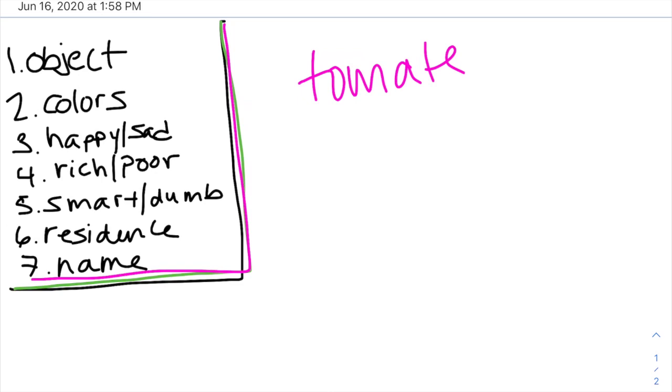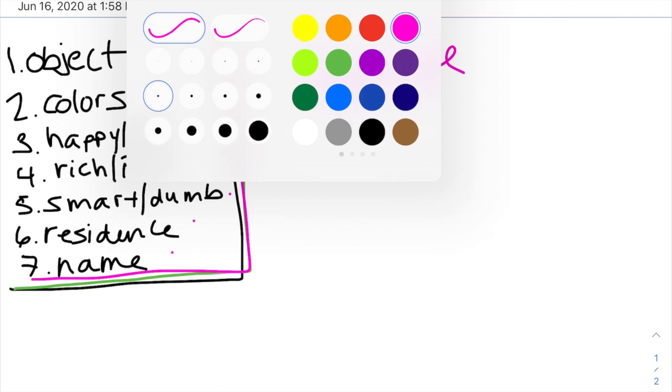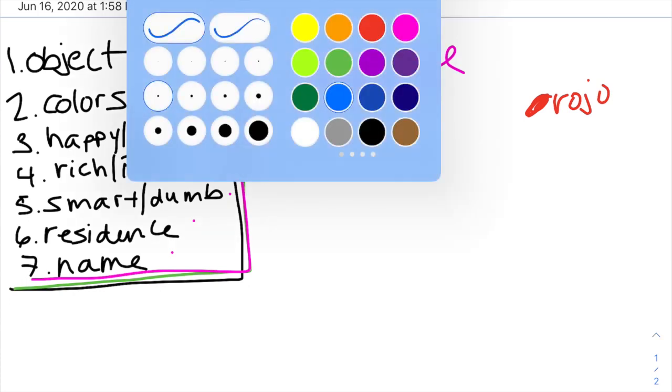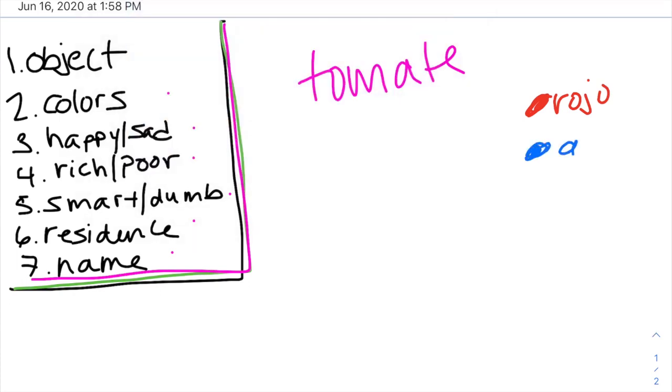If I start seeing a fair amount of students choosing that, then we just go through all the different characteristics. So colors. I can give them different colors, and this is really good input.